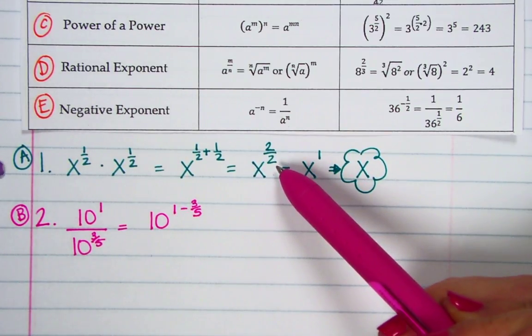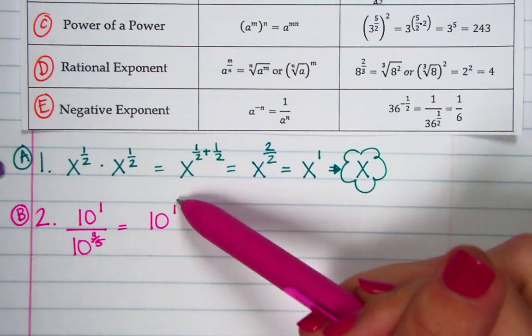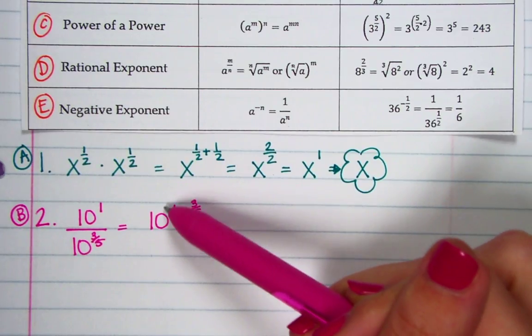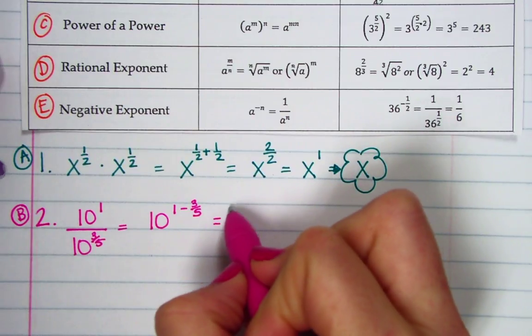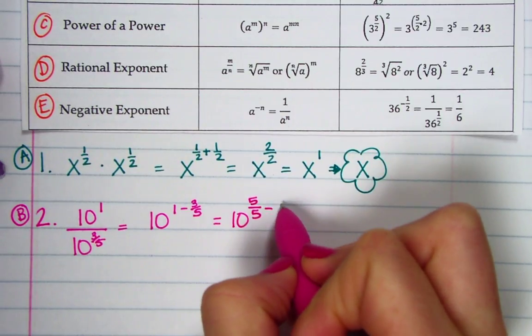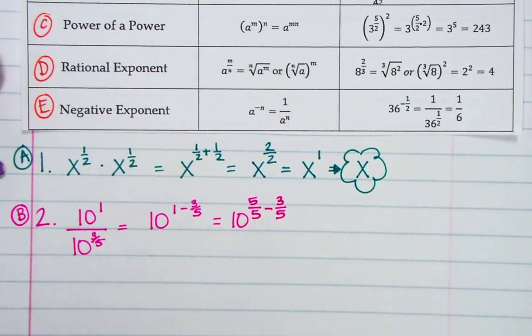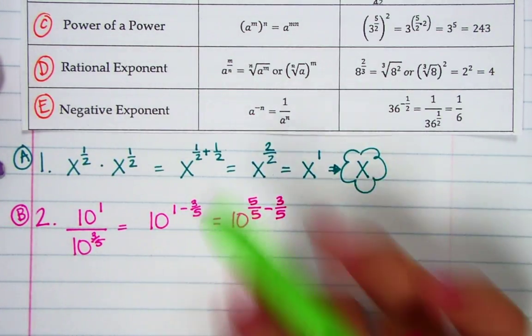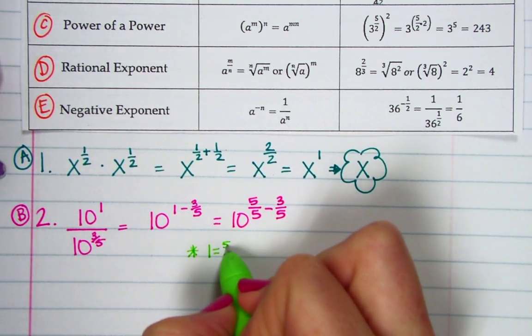2/2 equals 1. Anything divided by itself equals 1, right? So we can turn this into something divided by itself. Well, what do we need the denominator to be? 5, right? So we can turn this 1 into 5/5. Right, I'm even going to make myself a little note here saying 1 equals 5/5.